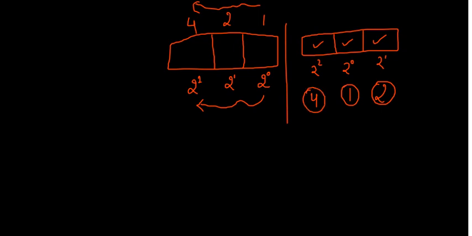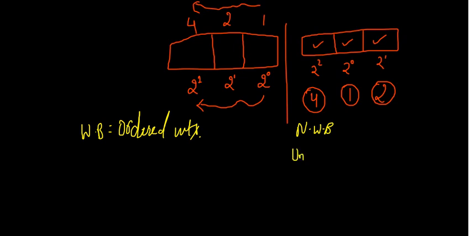So in one word we can say weighted binary are ordered weights, and non-weighted binary are unordered weights. So these are the fundamentals that we need to learn.